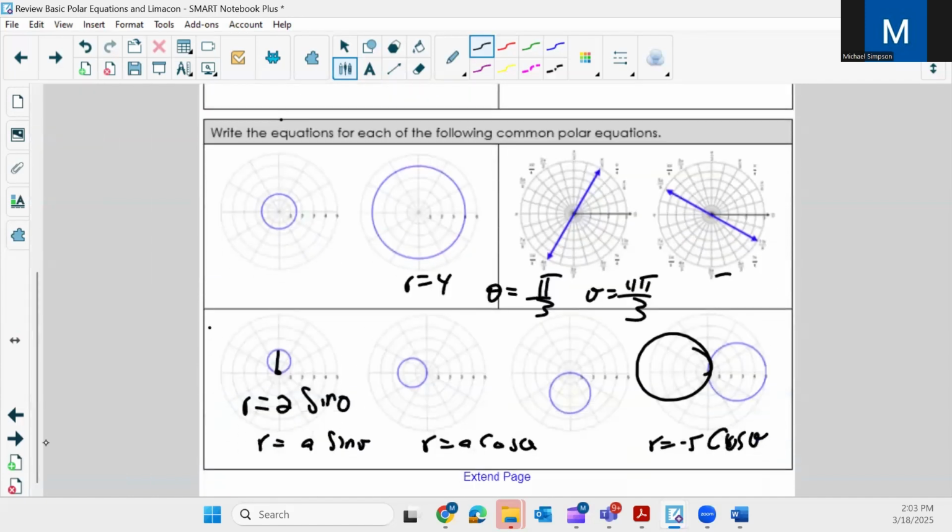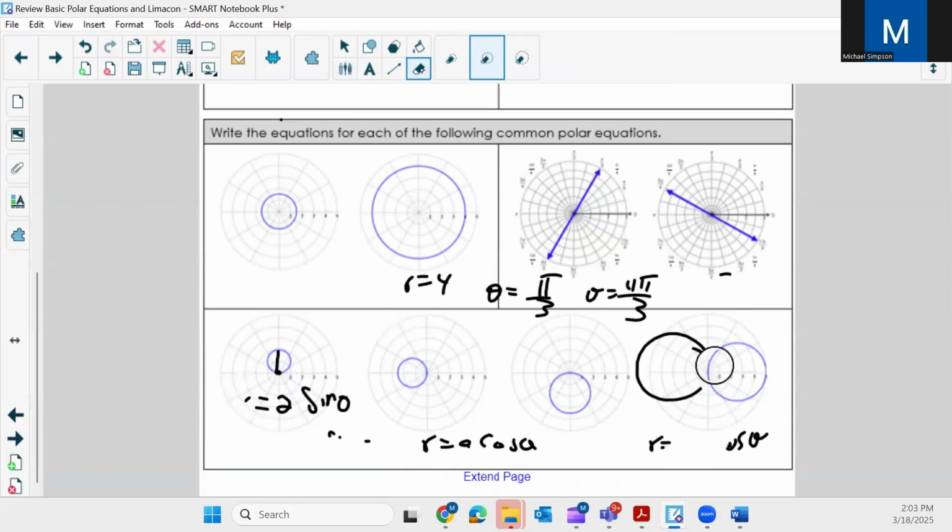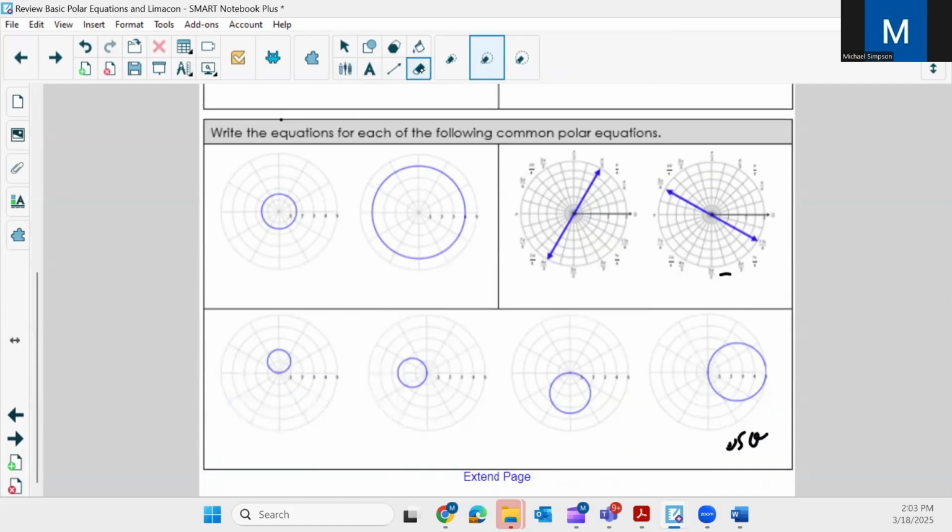Remember how we write equations for polar graphs? Can anyone tell me what is the equation of a straight line in polar? I said polar. That's rectangular.